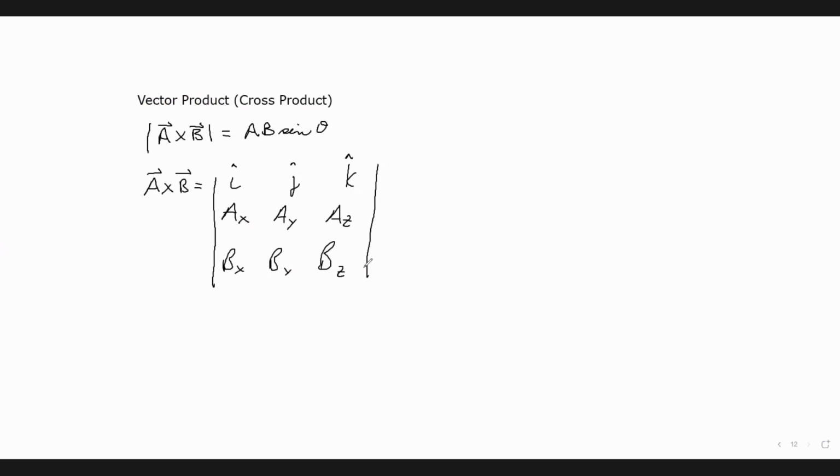Your thumb will point in the direction of A cross B. So the vector product of two vectors is always perpendicular to both of them. And the way we use this mnemonic device is to expand this determinant. Those of you who learned the rule in high school remember how to expand a determinant, but if you don't, I'll tell you how.